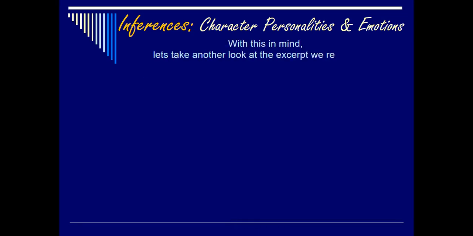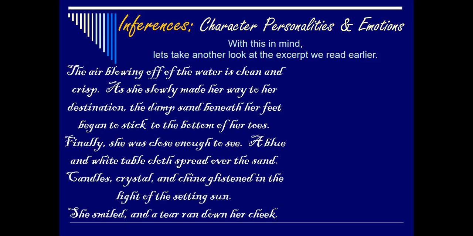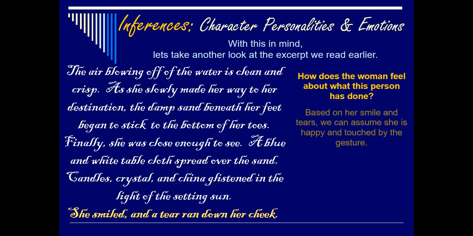All right, let's keep all these things in mind and let's look at the excerpt we read earlier. So how does the woman feel about what this person has done? They don't say, but can we guess from what we read? Well, based on her smile and tears, we can assume she's happy and touched by the gesture.